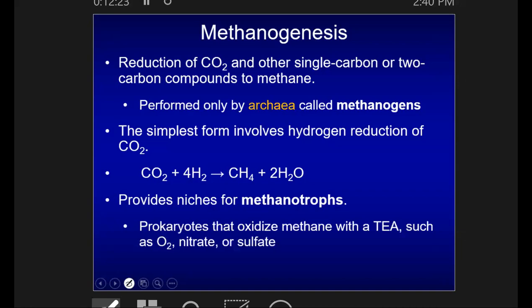And so they're running like an electron transport chain. TEA is a terminal electron acceptor. And anytime you hear that, terminal electron acceptor, we're thinking about an electron transport chain process. And depending on the microbe, they can put oxygen at the end, which would be the best, but they can also do others. If they're in an anoxic environment, they can pick something else. And a lot of them are in anoxic environments, but not all.